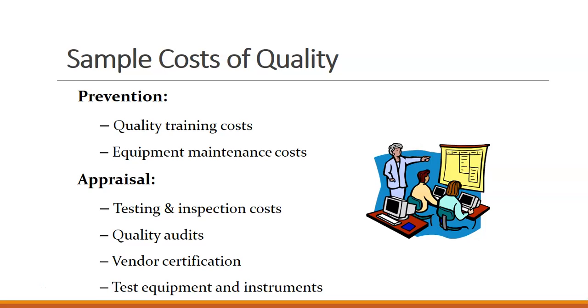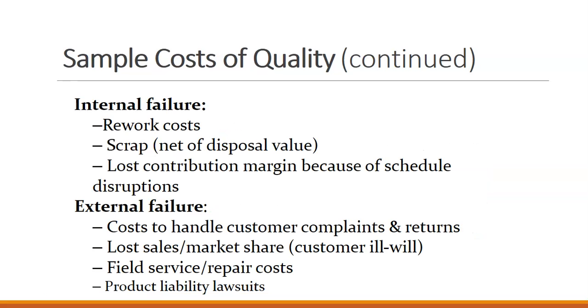So some examples of prevention costs are quality training costs, equipment maintenance, employee training. Appraisal costs include any testing and inspection costs, vendor certification, so certifying our suppliers and our vendors to make sure that they're giving us the best quality materials, testing our equipment and instruments, quality audits to make sure that we're performing our best.